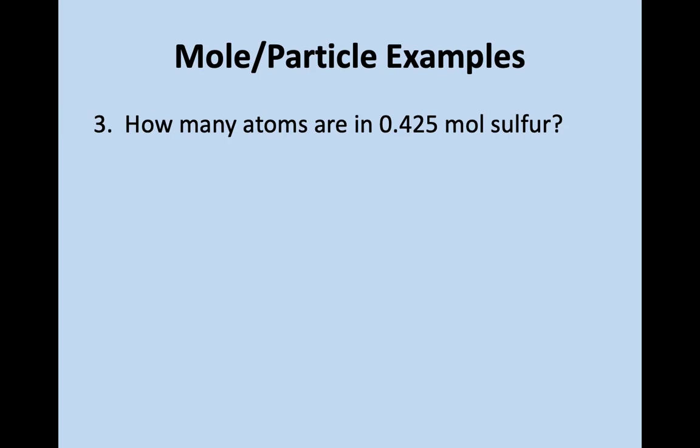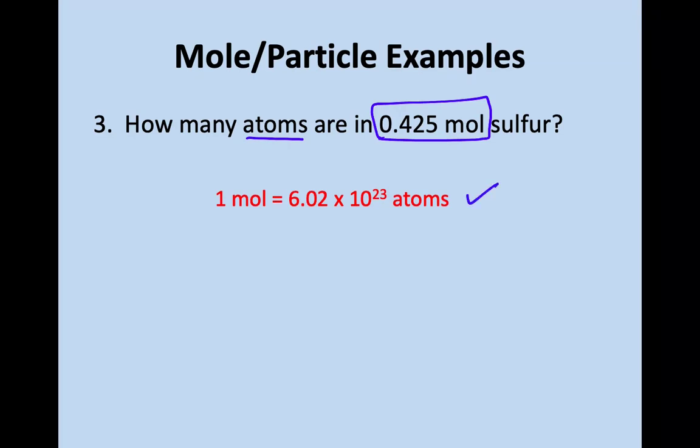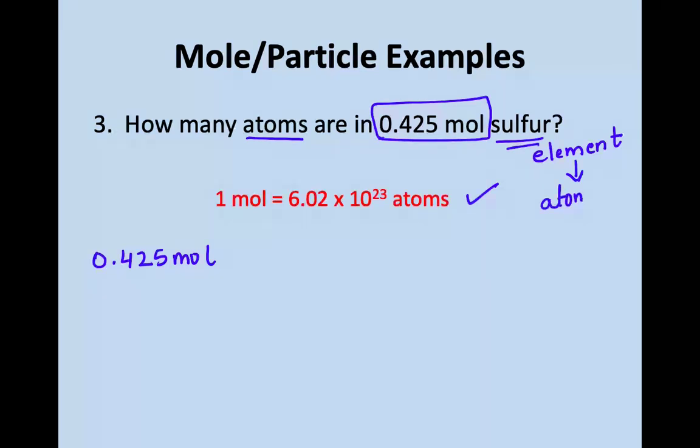Now let's look at this question. How many atoms are in 0.425 moles of sulfur? So this is what we are given. We're going to start with what is given to us and use this relationship. Okay, so 0.425 moles of sulfur. Now sulfur is an element, and therefore the representative particles for an element would be atoms, and that's the reason we are converting this into atoms.